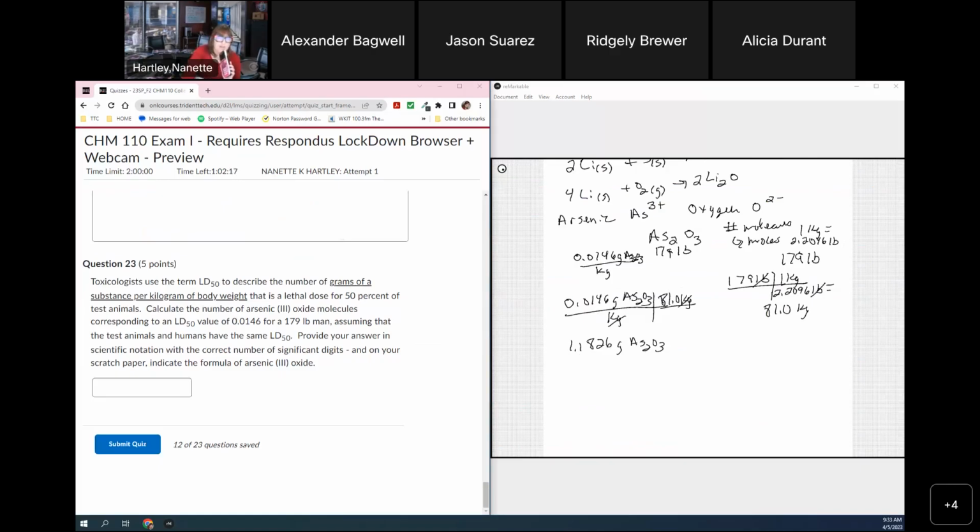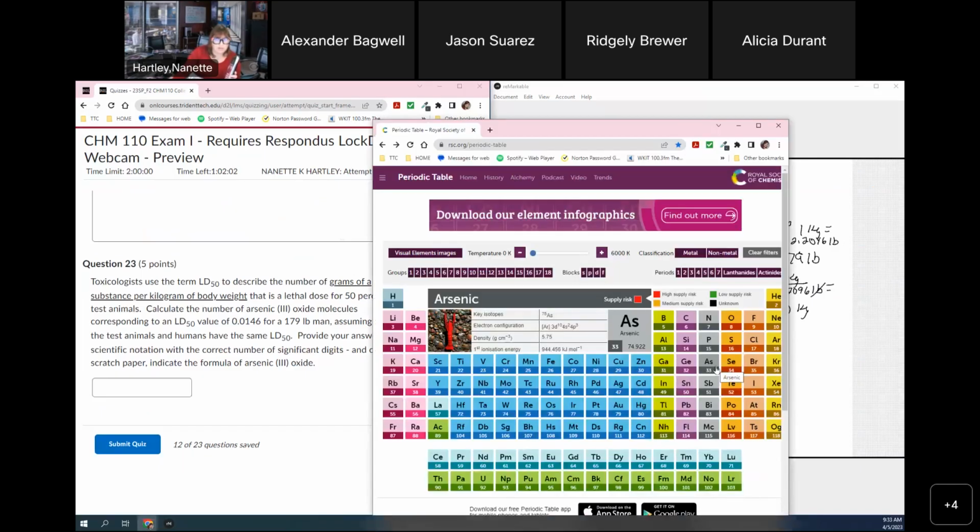Awesome. Now, I need to get to moles. So if I have a mass, I can divide by the molecular weight of As2O3. In order to do that, I need to know the mass of As. So if I come over here, I see that the mass of As is 74.922, and of course oxygen is 15.999.